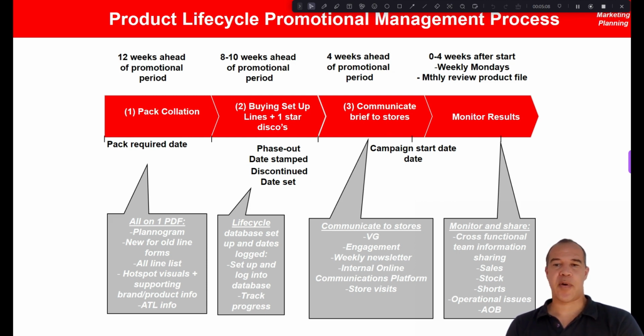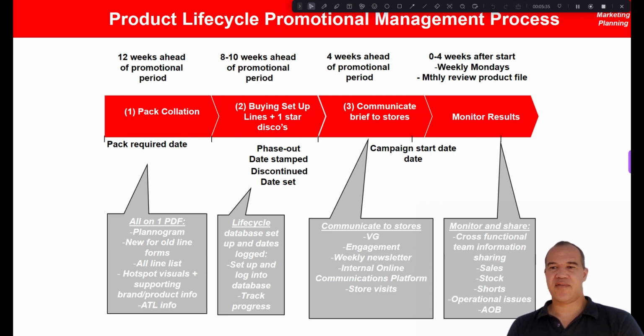So if you were running a promotion the 1st of July, for instance, you would start planning that at least 12 weeks ahead in terms of logistics and finally checking your stock levels and communicating that out to all your stores and all the rest of it. Of course, on a high level category buying marketing activity plan, you will know a year out the sorts of promotions that you're going to run.